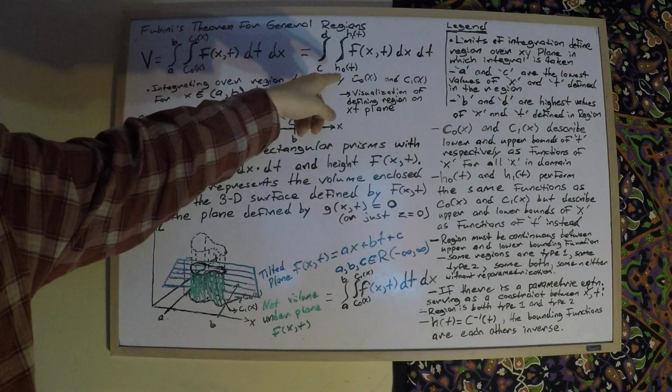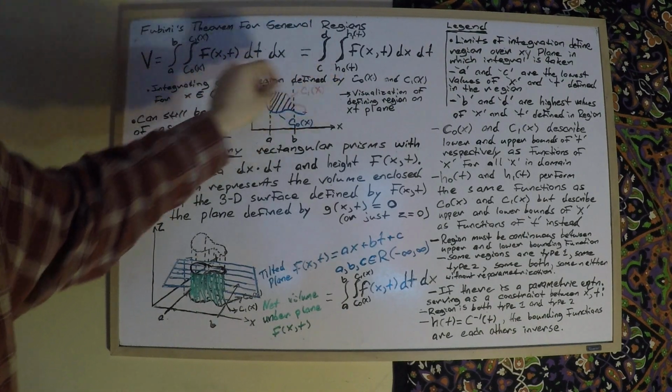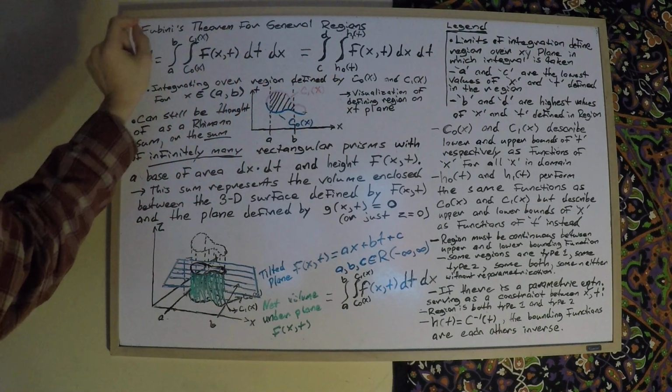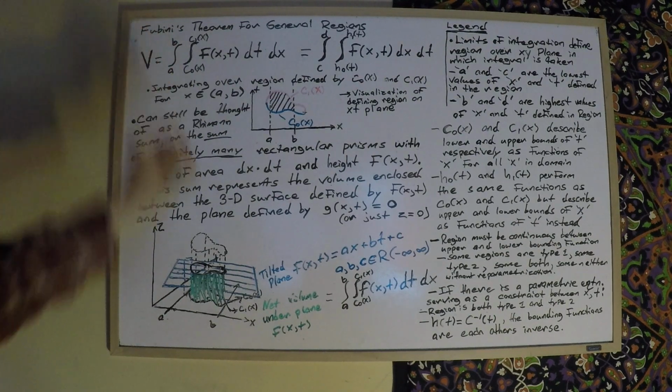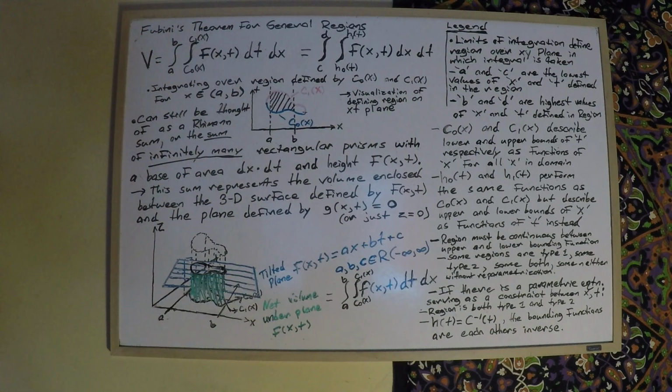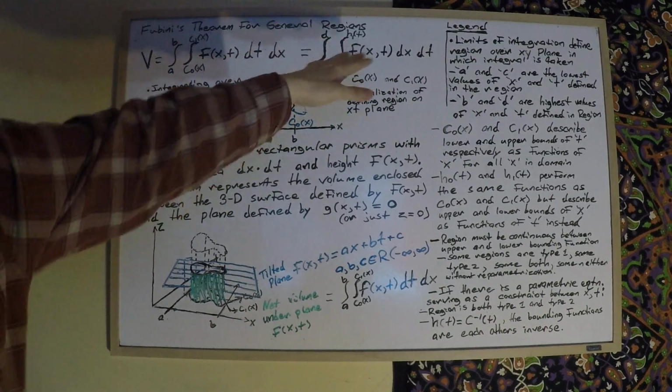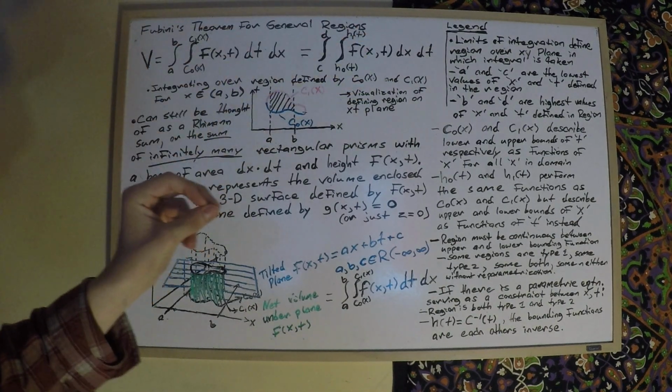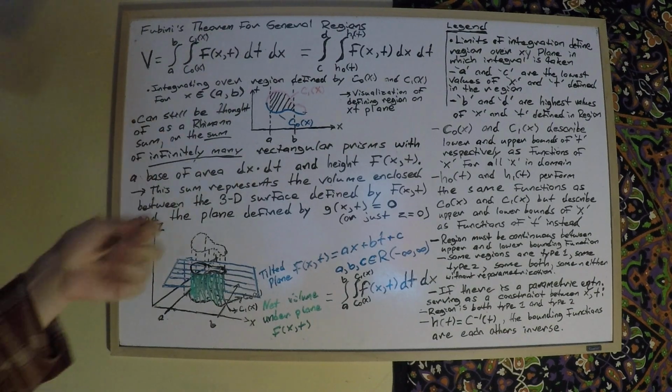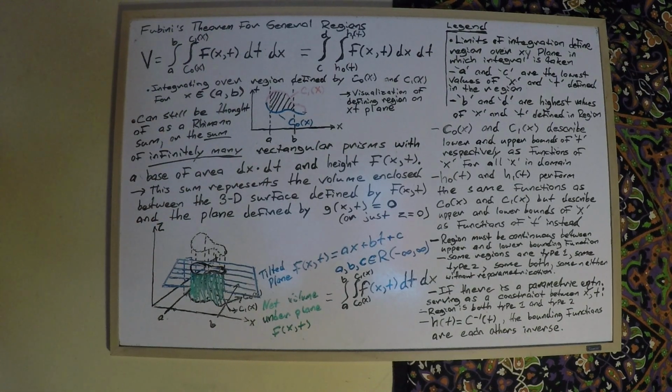What that means really is that h of t is going to be the inverse function of c of x. So the bounding functions are each other's inverse. And you can also use both these methods to integrate some function over that region.